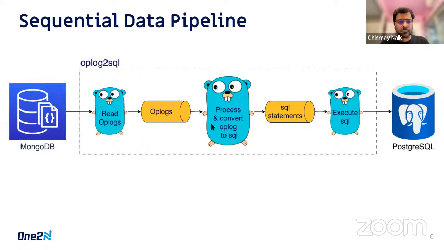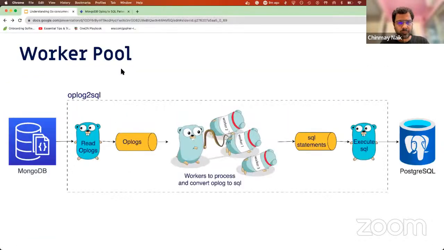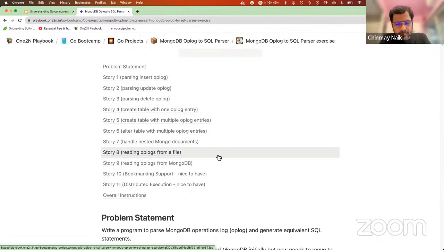Then we will process those and generate the SQL statements, post those SQL statements, and then there will be an executor which will execute those SQL statements to the Postgres. So this is the overall structure or architecture for the problem.